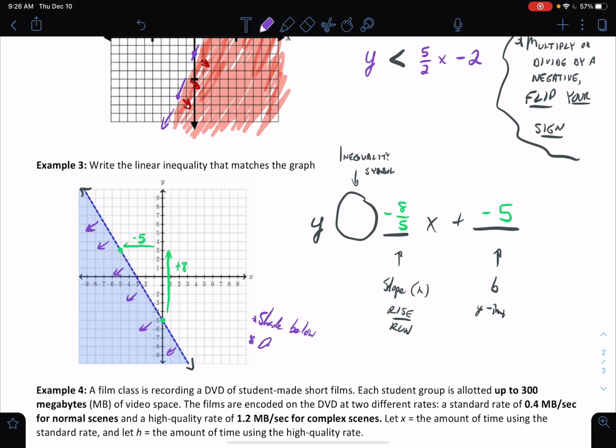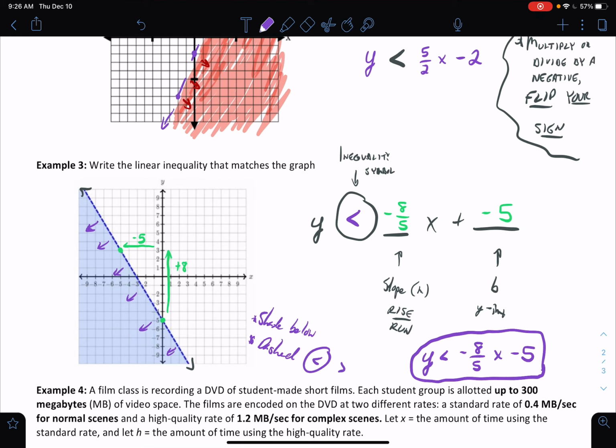And my boundary line is dashed. So I'm either looking at less than or greater than. And with me shading below, it's going to be less than. So my inequality here is y is less than -8/5 x minus 5.